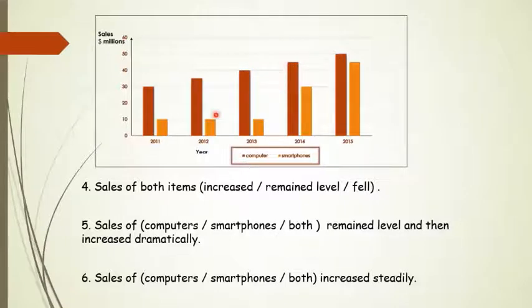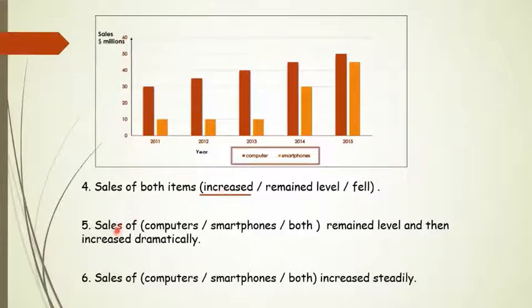And what about the smartphones? They remained level, but still there is an increase. So from here to here, you find an increase. So sales of both items increased.